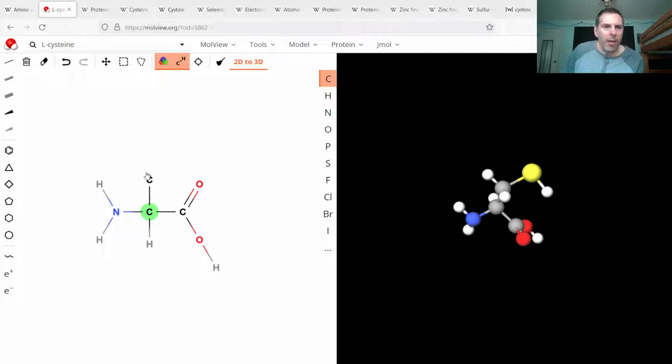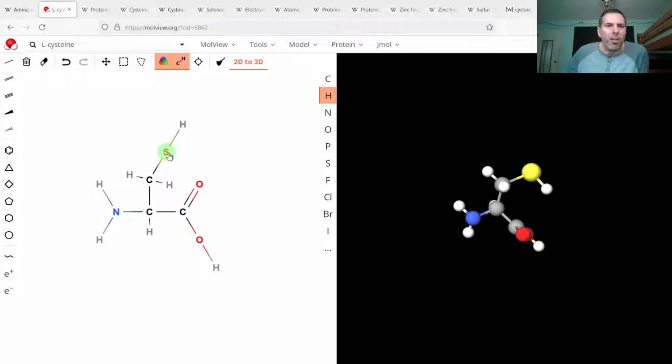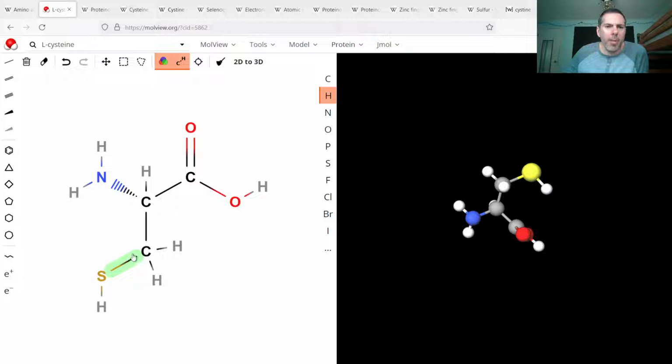And you'll have a carbon kind of separating it from the protein backbone, and then it's just this thiol group of sulfur with the hydrogen on the end here. So it's basically the same as serine, except you've replaced your oxygen with a sulfur atom. And you can see how they drew it here, the alpha carbon and the side chain.